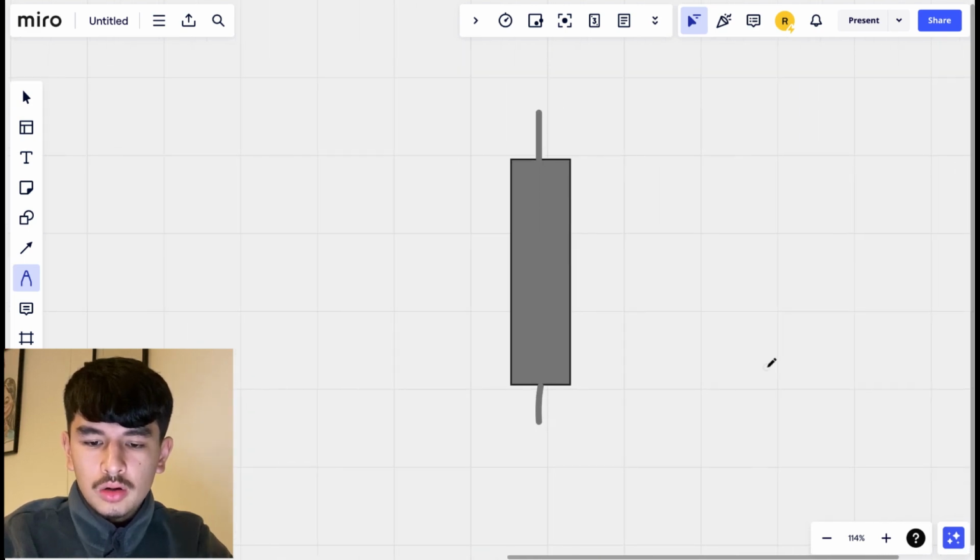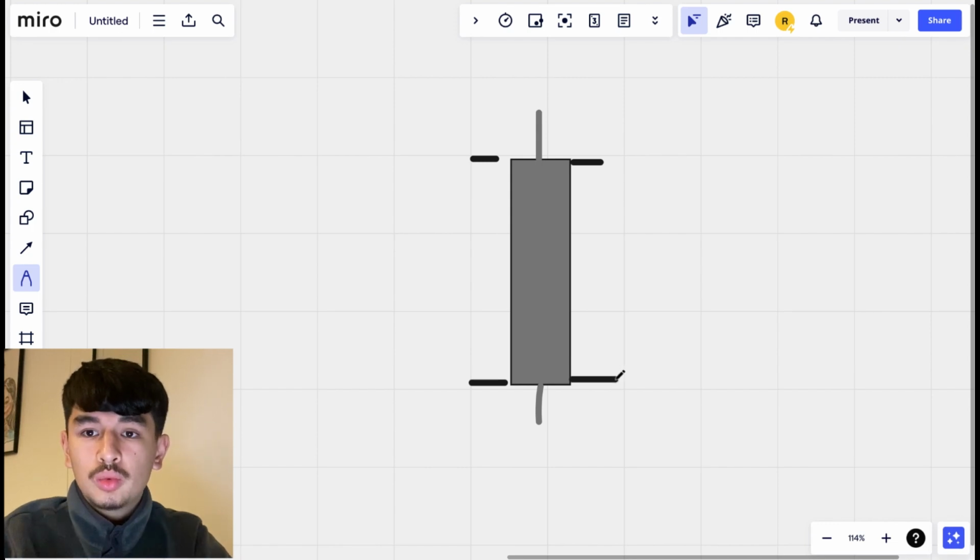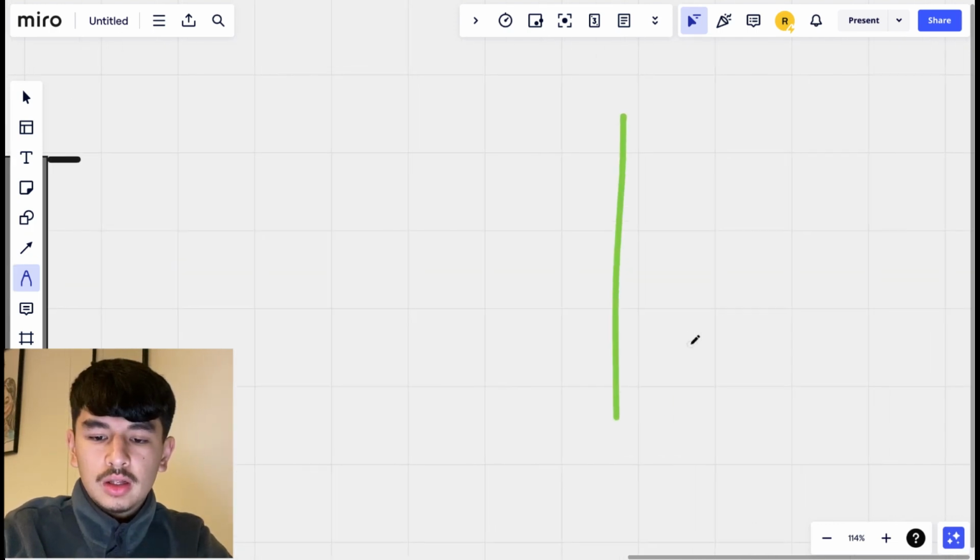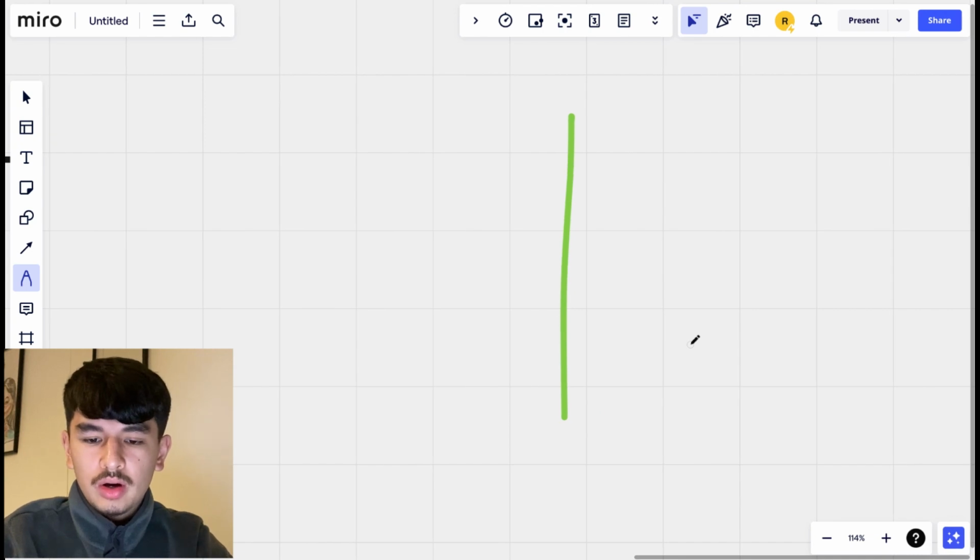So we see here, oh, it's a grey candlestick. Price may have started here and come up to here, meaning it's a bullish candle, or price might have started up here and come down to here, meaning it's a bearish candle. We do not know. And then finally, this is the stupidest one, without the body, we don't know where price started or where price ended, but we know that it is a bullish candle.